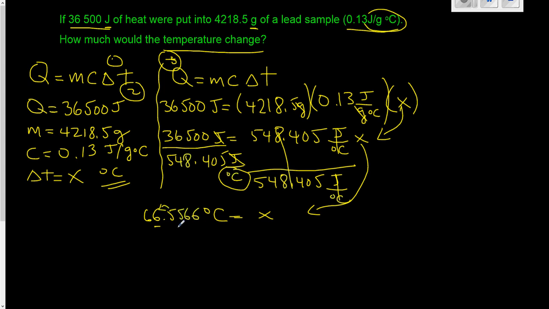A lot of times students will assume, oh, it's a 5, we round up. What I have my students do is this: with 66.5, the 5 is right in the middle of the digits, 1 through 9.